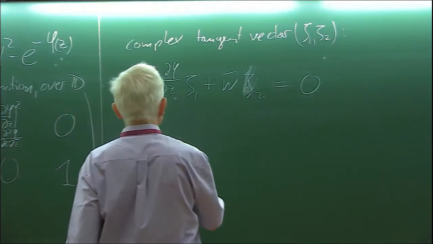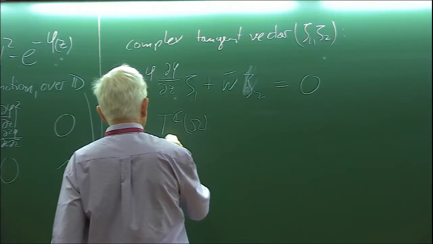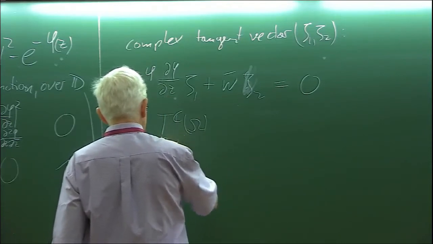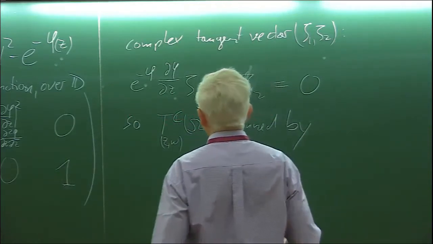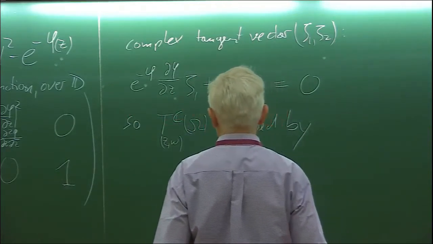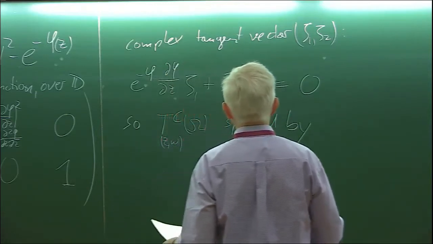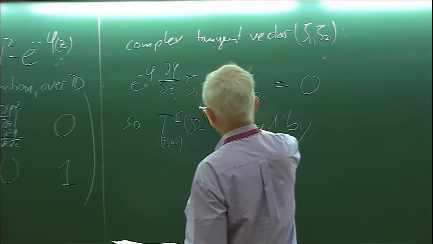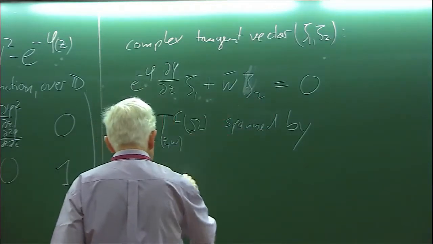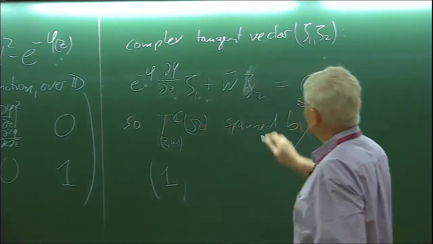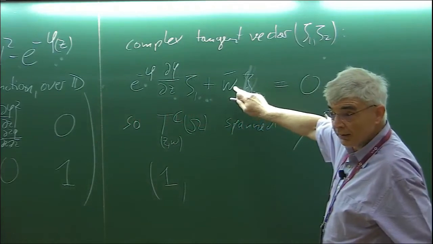So the complex tangent space at a point CW is spanned by, let's see, if I take zeta 1 to be 1, I can always solve for zeta 2 on the inside because W is not 0, right?